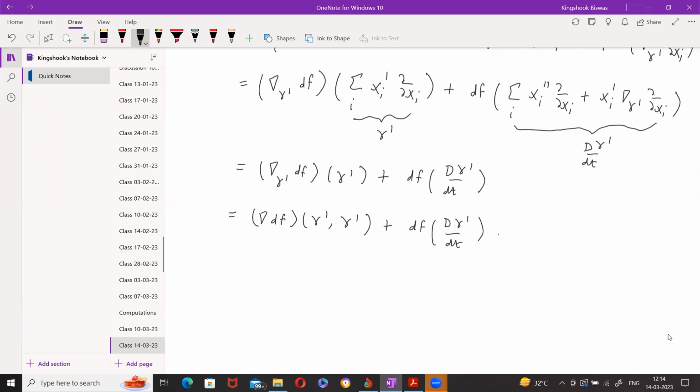So let's write gamma double prime for d gamma prime dt, for any curve gamma in a Riemannian manifold.